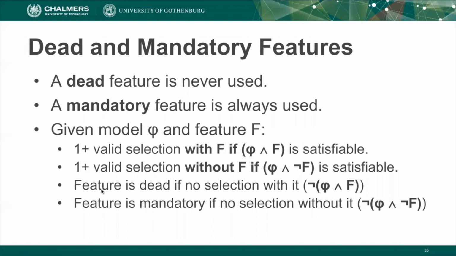There's no possible way to select it. A feature is mandatory if we cannot satisfy phi and not F. If there's no feature selection possible without F, then that's a mandatory feature. And we can simply iterate over all of our features with the SAT solver in this idea, and it can come back and tell us which of our features are dead and which are mandatory.